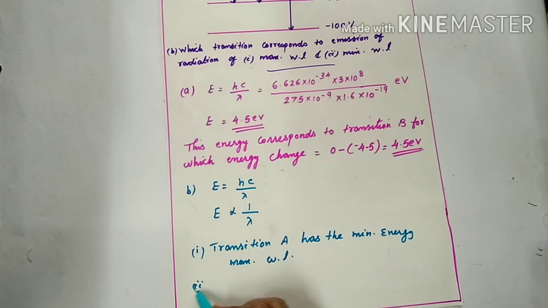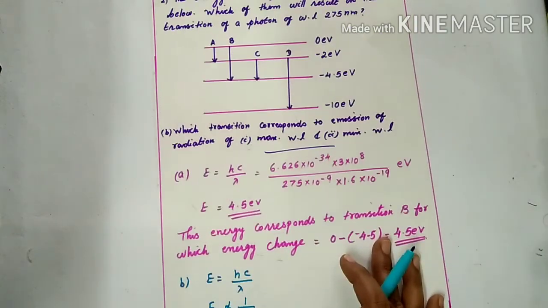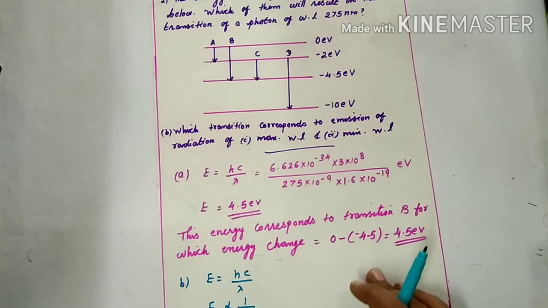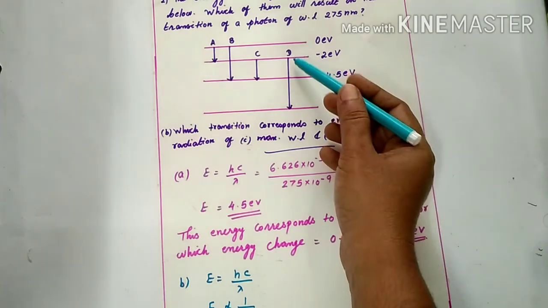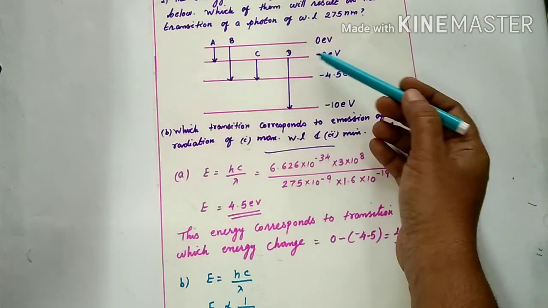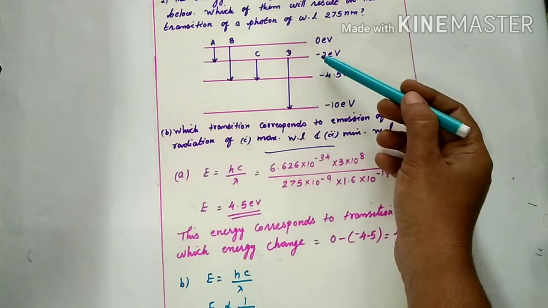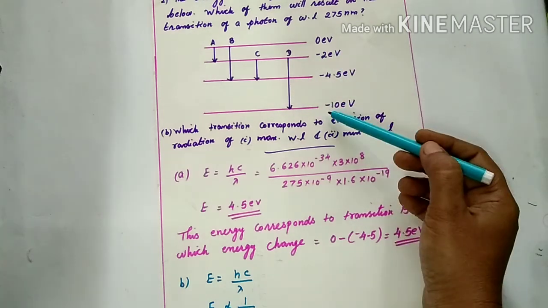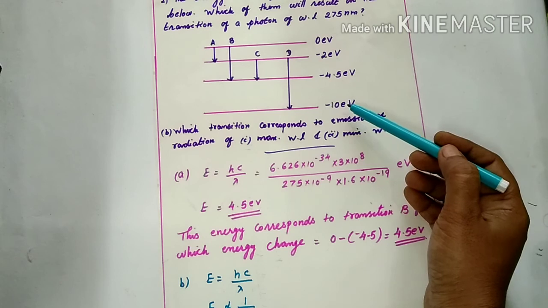Similarly, number 2, when you go through the energy of these transitions, you find that the transition D has the maximum energy. How will you find out the transition energy of the transition D? That is minus 2 minus minus 10 electron volt.